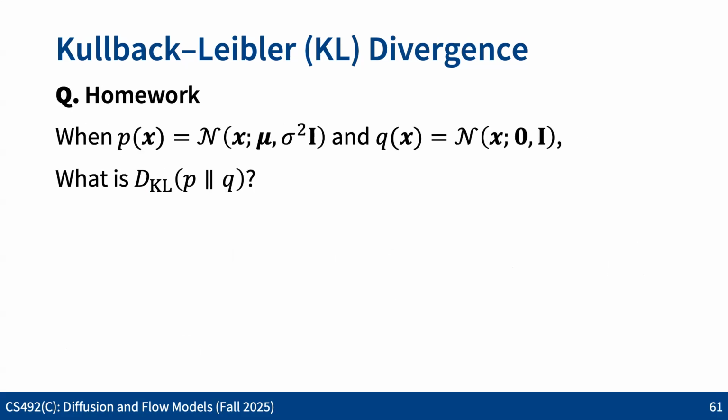I think we don't have time to work on this for now, but I'd like to ask you to check out how we can exactly compute the KL divergence for two Gaussian distributions. As I said, all the things we're going to play with in this class will be based on the Gaussian distribution, which means we should be able to measure the KL divergence for these two distributions as well. So check out how we can compute the KL divergence between two Gaussian distributions.